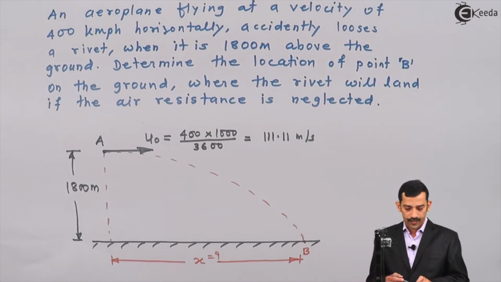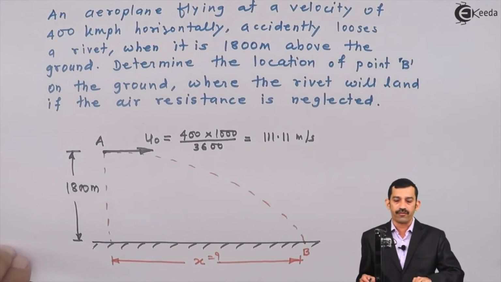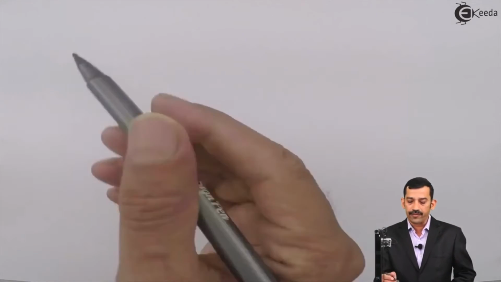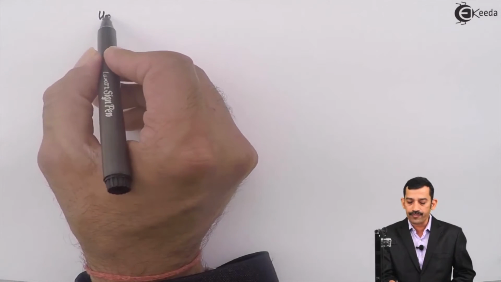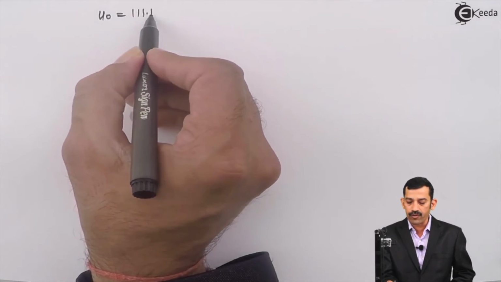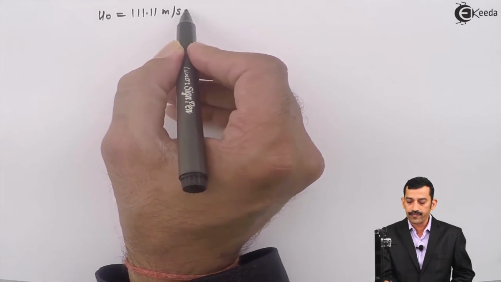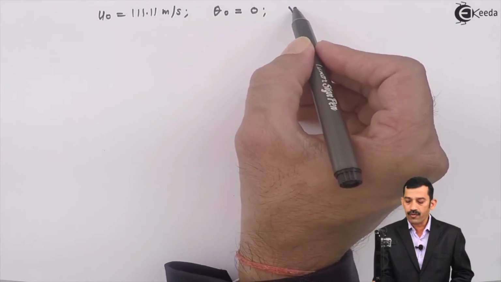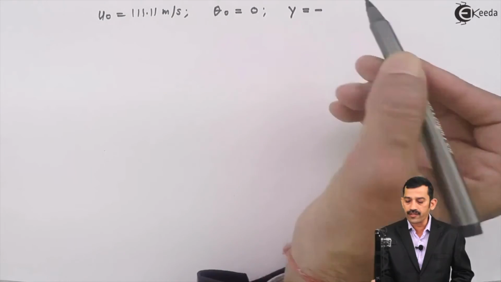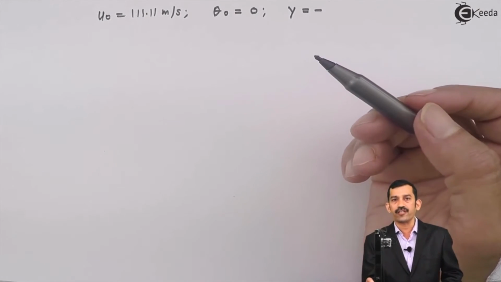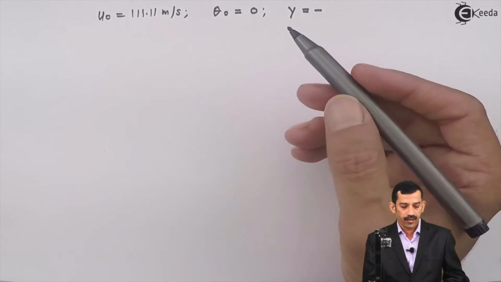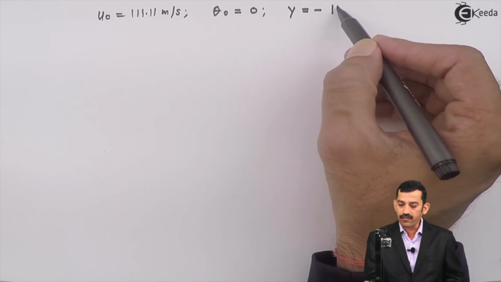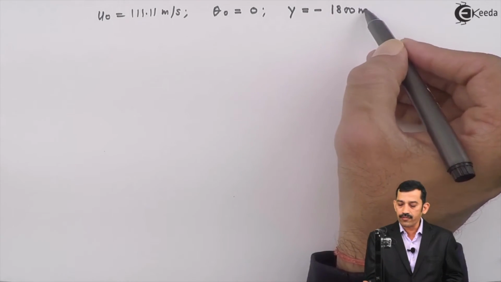You know u0, you know theta 0, and you know Y, so easily we will get distance X if we use the equation of path. What data is given: u0 is 111.11 meters per second. The velocity is horizontal, therefore theta 0 is 0. Y is negative because the final position is below the initial position. Y is minus 1800 meters.